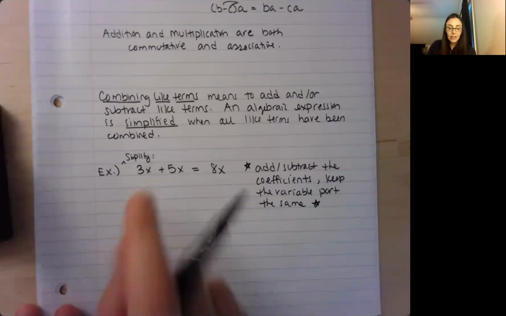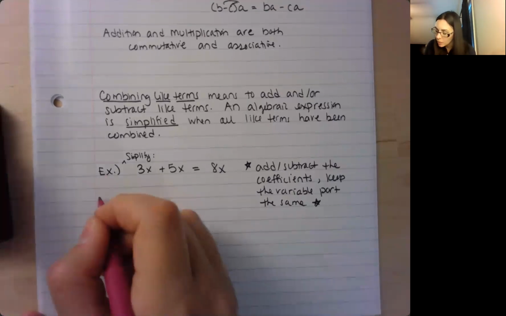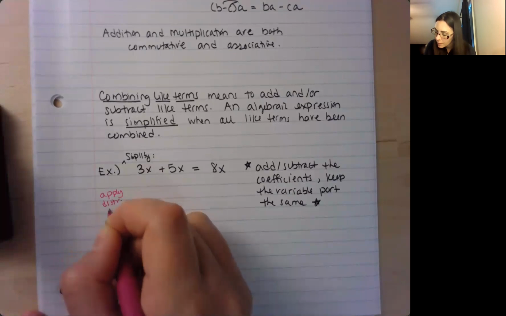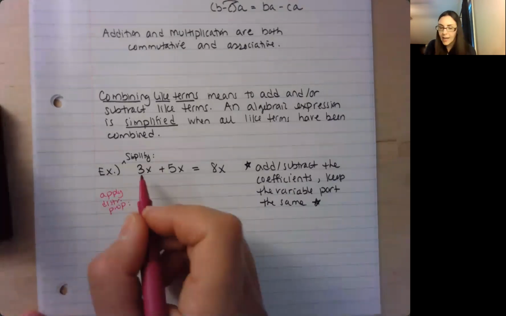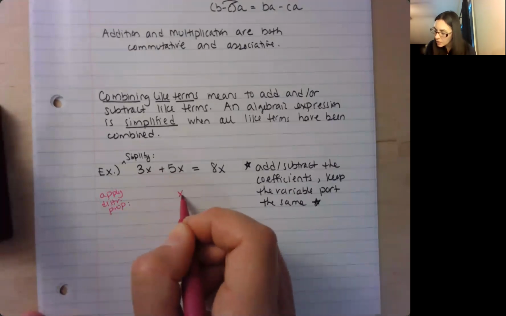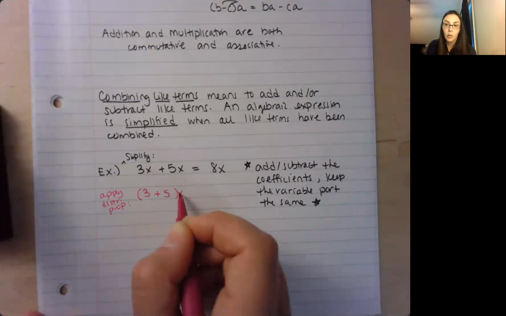Now, technically what's happening, and I don't expect you to do this every single time, but technically what's happening is you are actually applying the distributive property here. So notice that I have an x in common. So if I were to take that x out, I could rewrite this as just 3 plus 5 with the x removed, right?